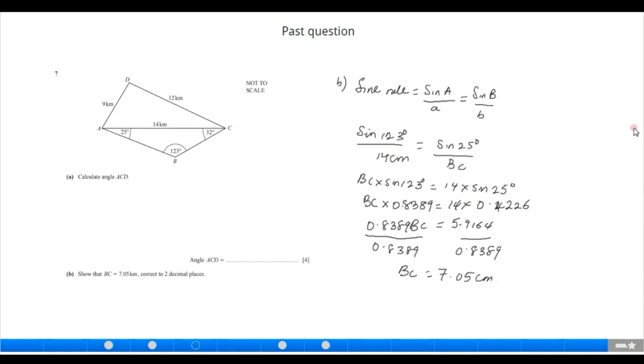So if we are using the sine rule, then let's make use of sine A over small a equals sine B over small b.